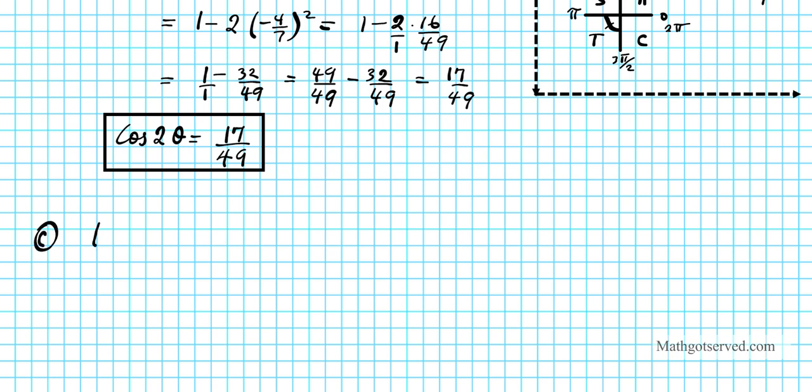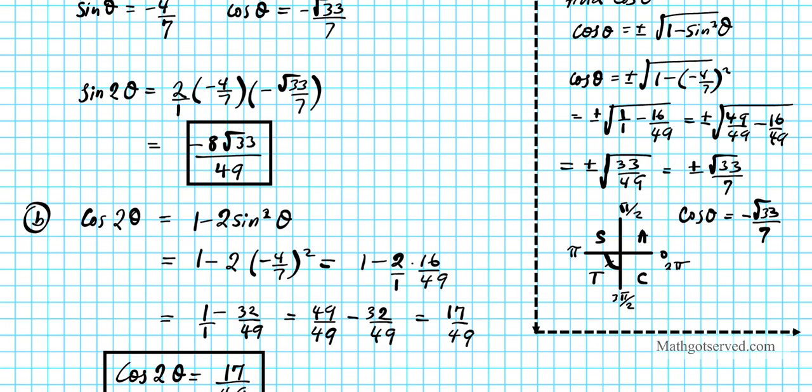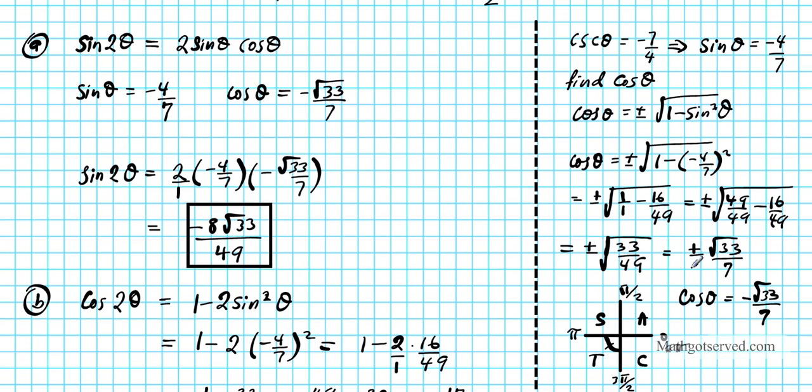So to find tan 2 theta, I'm going to use the quotient identities, which basically is sine 2 theta over cosine 2 theta. Okay? So I'm going to be using these answers. Note, these are not the ones I'm using. This is cosine theta, and this is sine theta. Let's scroll up a little bit. This is sine theta, and this is cosine theta. It just has one theta here and one theta here.